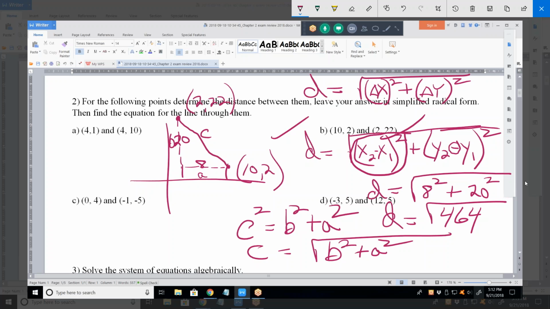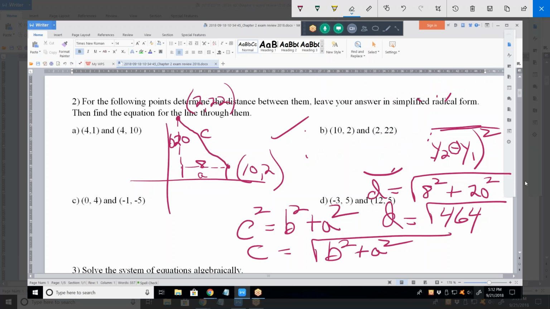So now let's go over here on the left. Leave your answers in simplified radical form. Let me erase some of this so I have a little more room to write. How can we reduce the square root of 464?